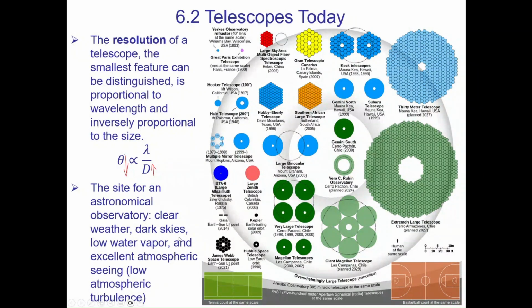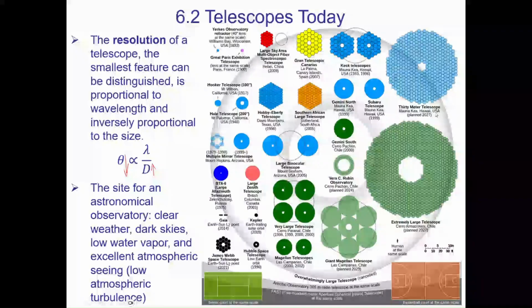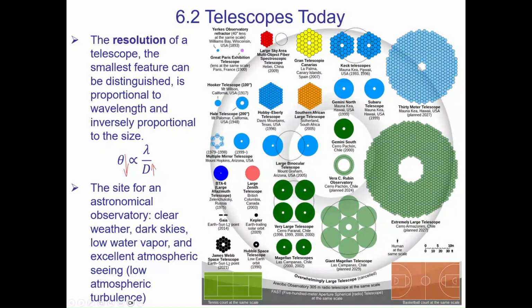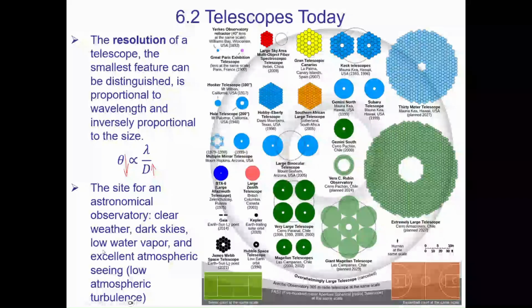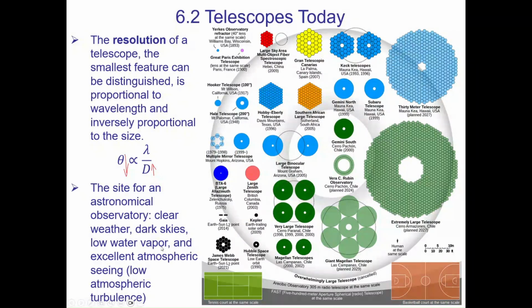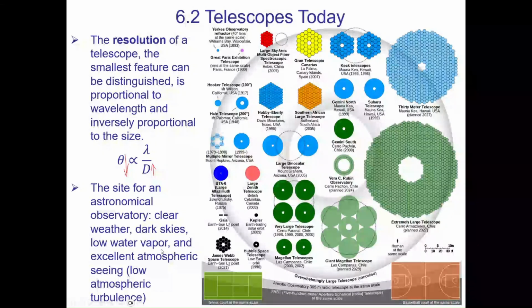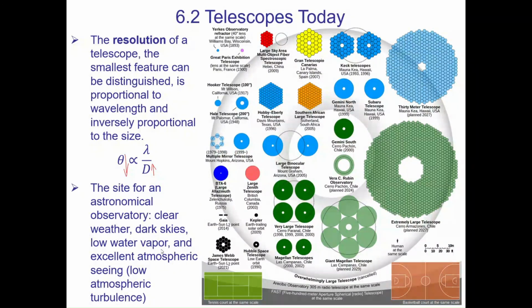That means it is better in a remote area away from big cities, because a big city or town will have light pollution. So you can see a lot of telescopes are put on the island of Hawaii, because it's far away from big cities, and it has lower water vapor. That means lower humidity, because water vapor will also interfere with the light rays as they go through the atmosphere.